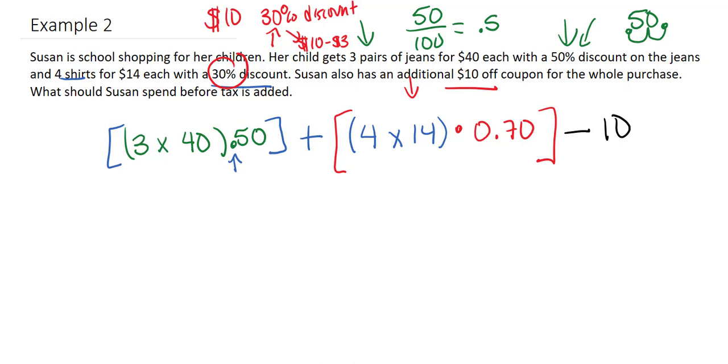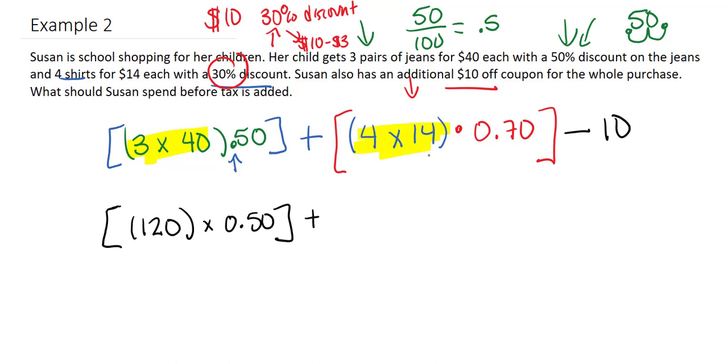So the first thing we're going to do is look inside the inner parentheses. We have one here and one right here, so let's go ahead and solve for those two. In this next step, we'll go 3 times 40, which is just 120. Then let's write out 0.50.